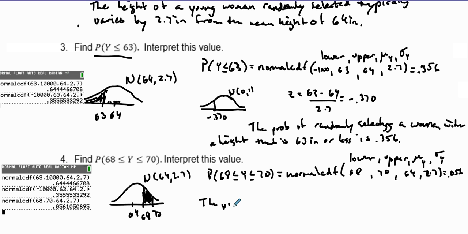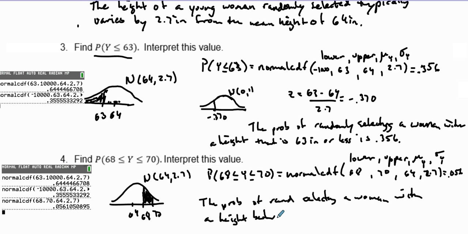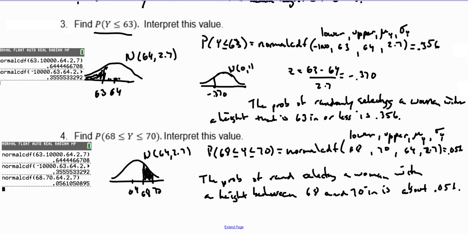The probability of randomly selecting a woman with a height between 68 and 70 inches is, I'm going to say about 0.056. Bomb, boom, nailed it. All right, and that's what we know there.